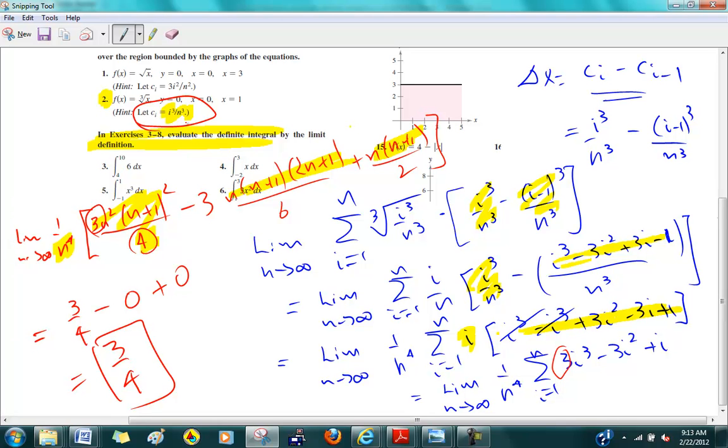What did the upper limit and the lower limit tell us? Like for number 3, the 4 to 10, what does that do? You can define what the width is, right? Because 10 minus 4 is 6, so 4 is a, 10 is b. You understand that language, a and b? So a is 4, b is 10.